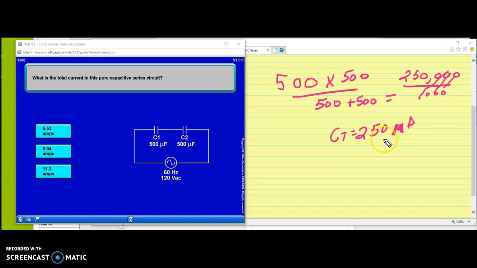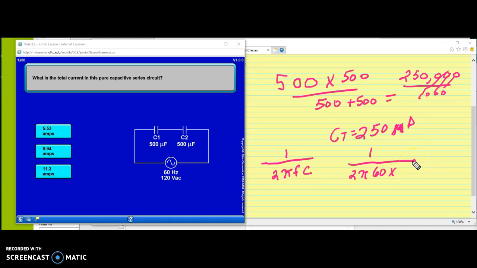So let's do the 1 over 2 times pi times frequency and capacitance. So that's going to give us 1 over 2 pi, and frequency is 60 hertz, and then we're going to times that by 500 microfarads.